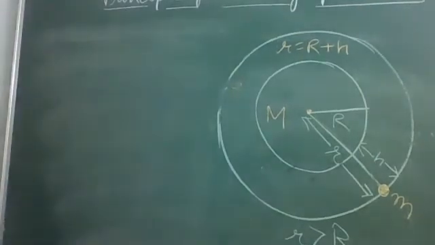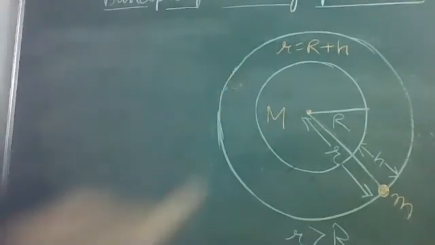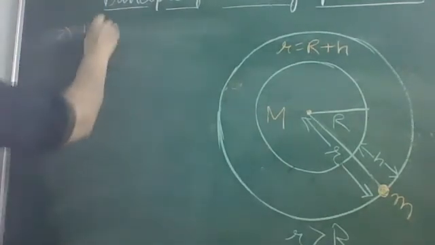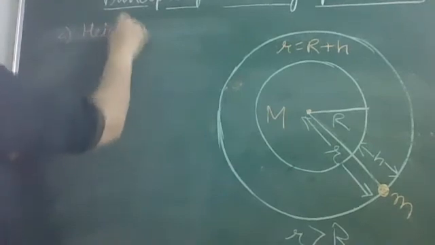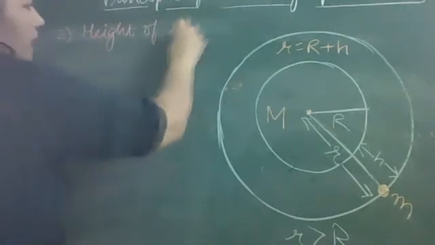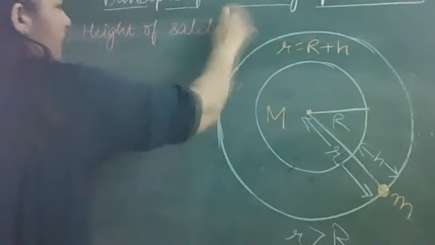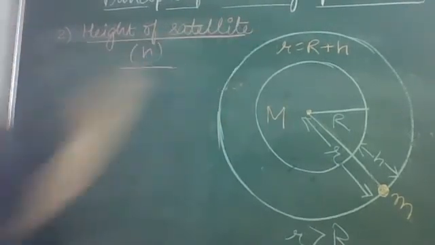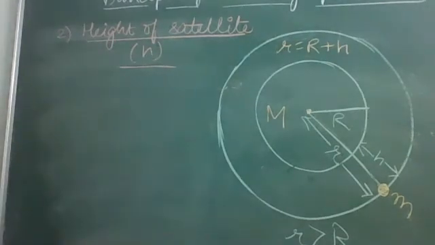Same diagram below. So the second expression is height of satellite, and that height is from the surface of Earth.